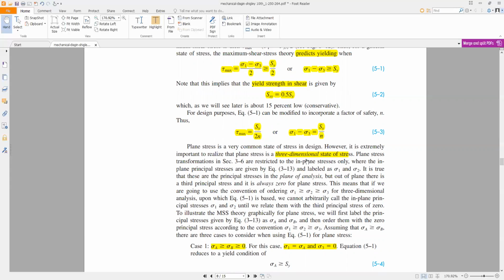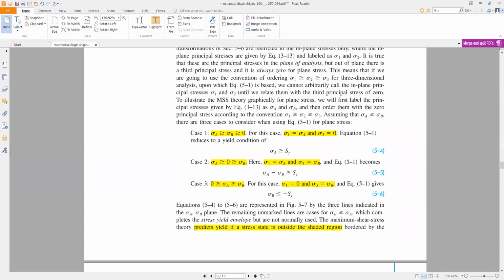Okay, everything will happen in a three-dimensional state of stress. So basically, for this theory, we classify into three cases. From the calculated values, stress A and stress B, we convert into the principal stresses. In case 1, stress A is more than stress B, and stress B is more than 0.